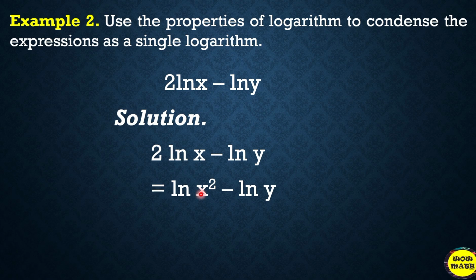So, ln x squared, kasi nandito yung 2 sa unahan ng logarithm natin. So, lipat natin dito kay x. So, magiging exponent na yan. So, ln x squared minus ln y. And after that, since difference to, ano ang gagawin? Okay, i-divide natin. So, that is ln x squared over y. So, this is the final answer.